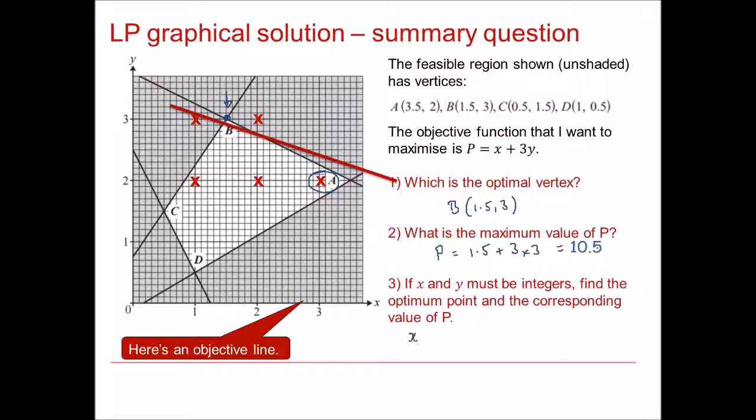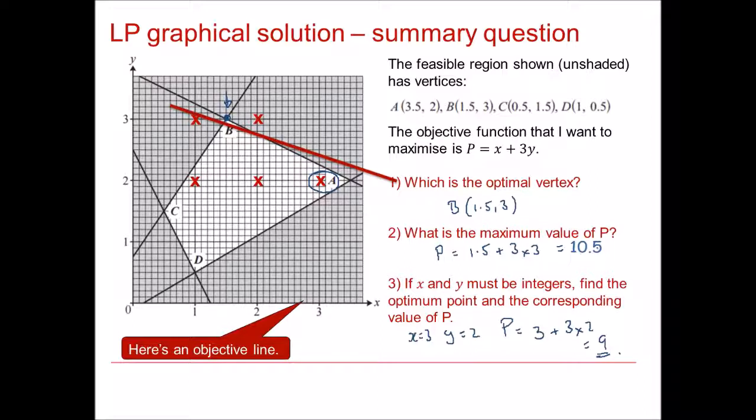So x equal to 3 and y equal to 2 are the integers, and our value of p would therefore be equal to 3 plus 3 multiplied by 2, giving us a value of 9.